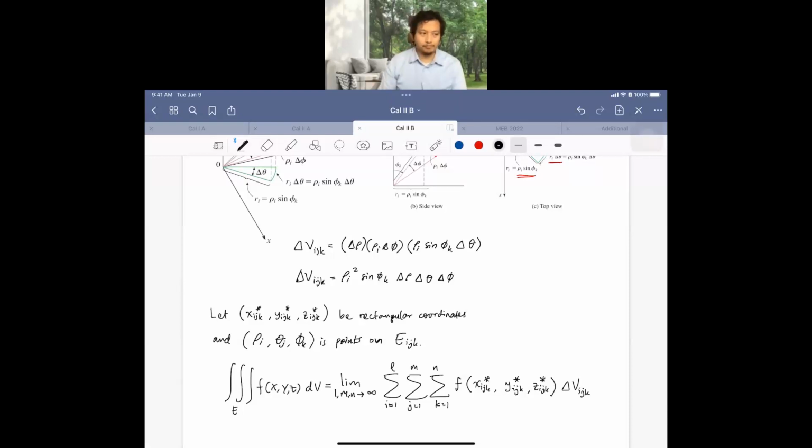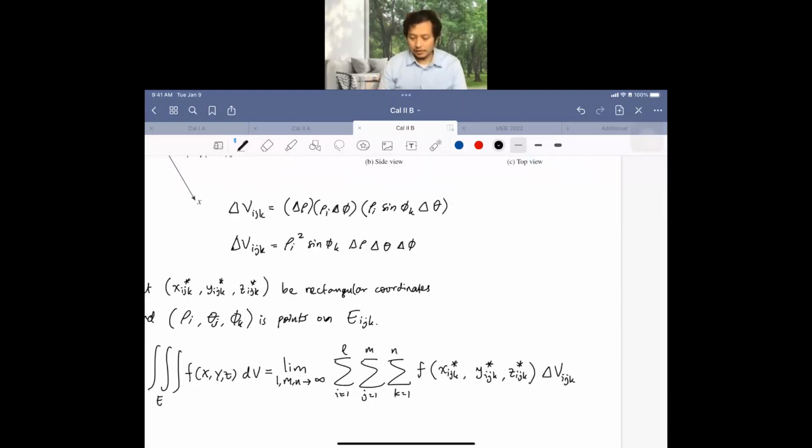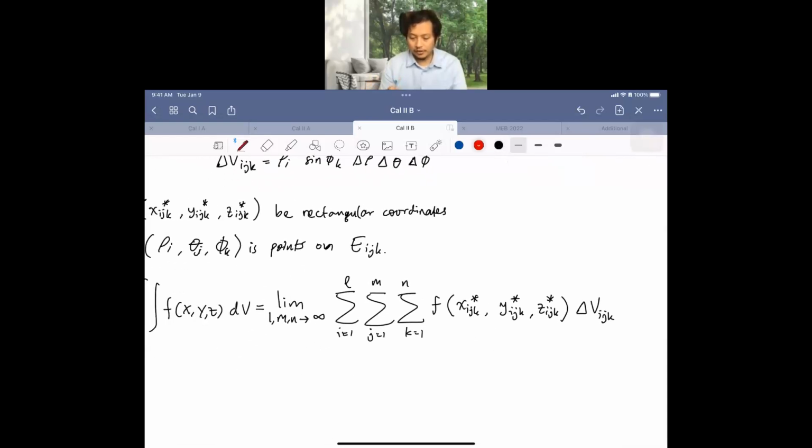Now this expression we can transform from x, y, z to spherical.